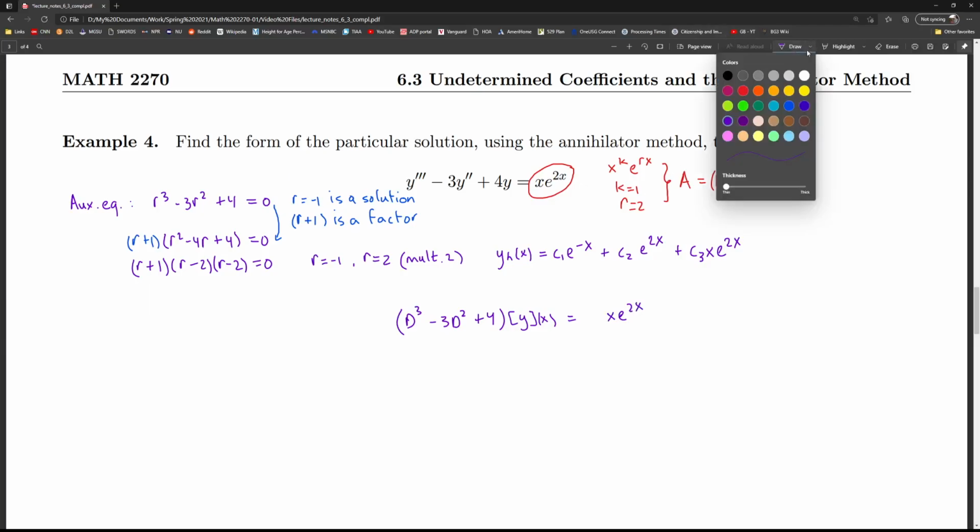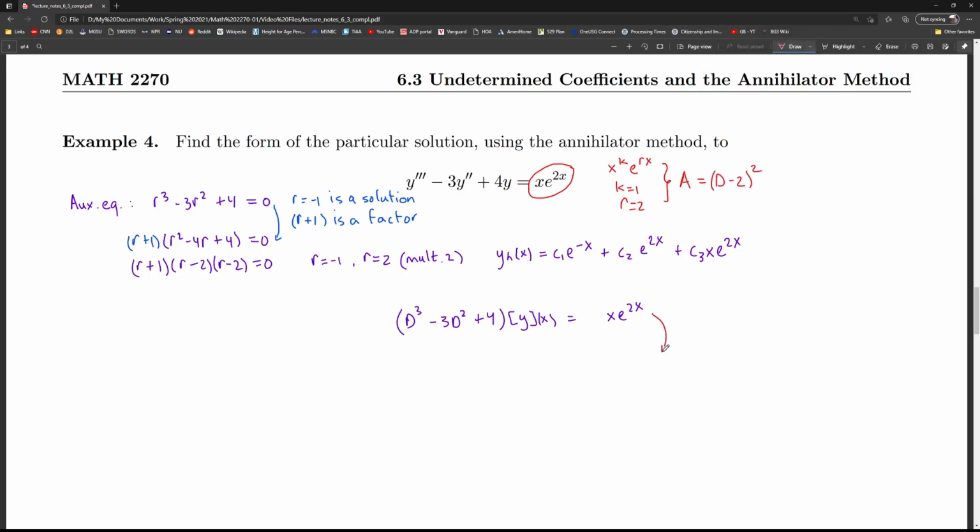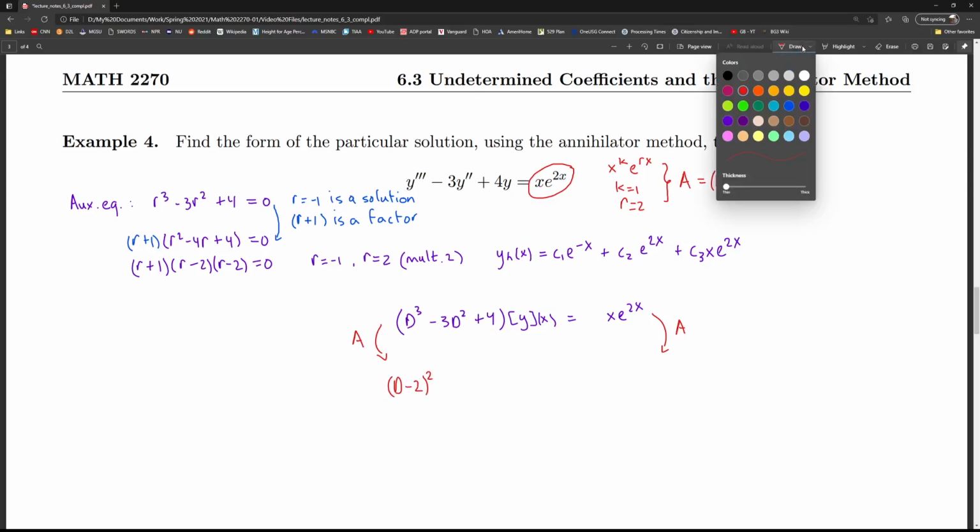And now I'm going to apply my annihilator on both sides. On the left-hand side, I get d minus 2 squared, and then I'm going to write this in its factored form.